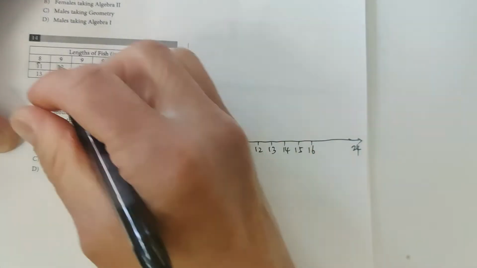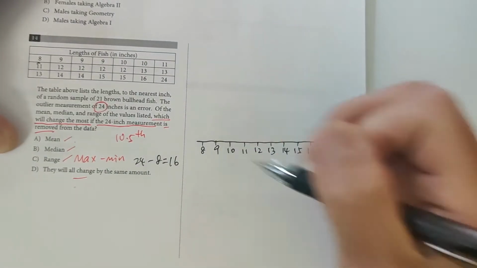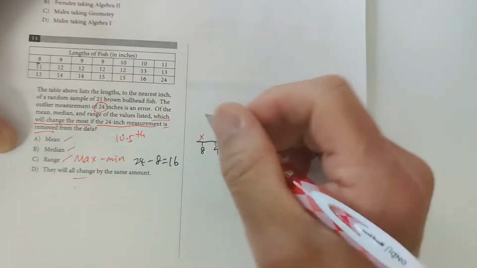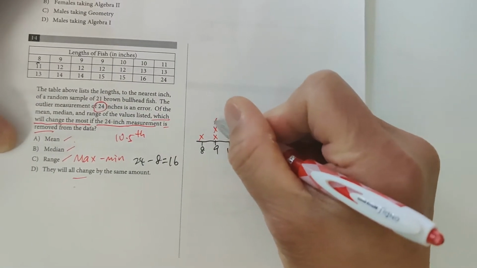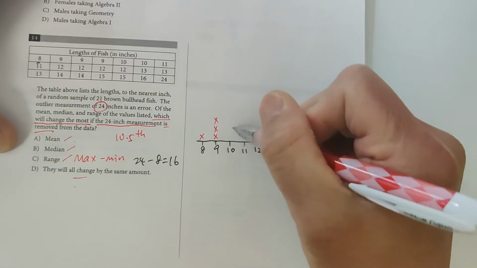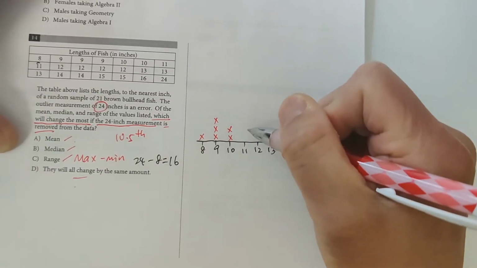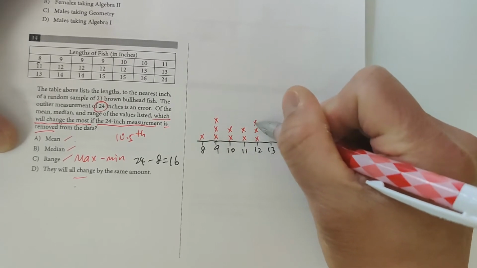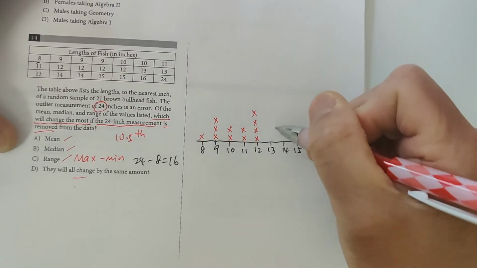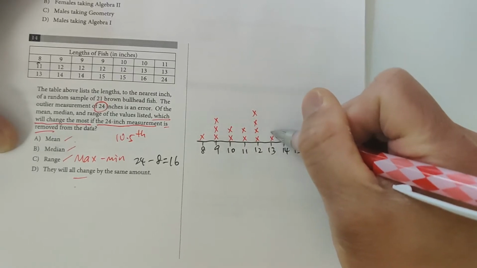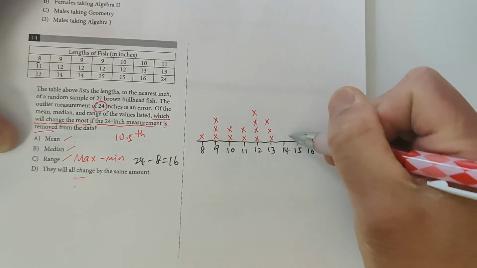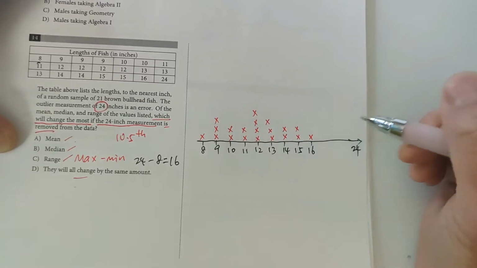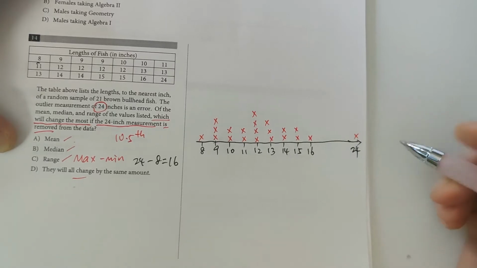For 8 it has 1, so I'm going to put a cross here. For 9 we have 3. For 10 we have 2, 11 we have 2, 12 we have 4, 13 we have 3, 14 we have 2, 15 we have 2, 16 we have 1, and 24 we have 1.